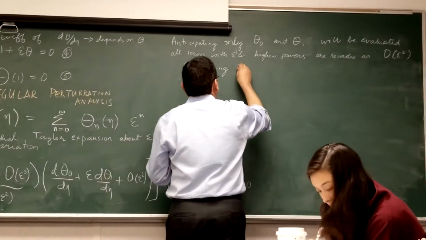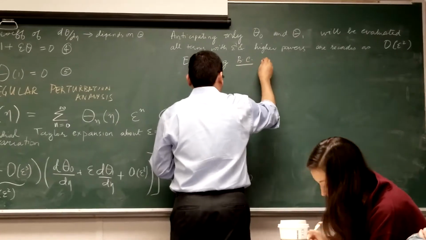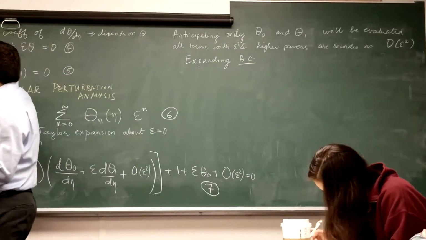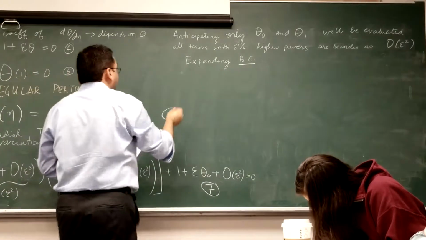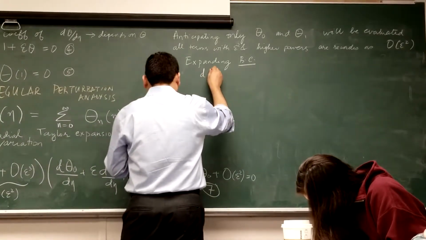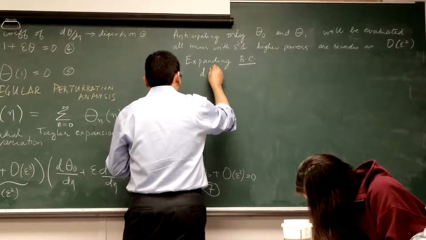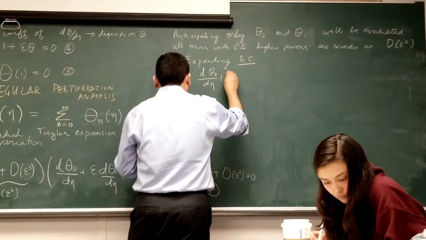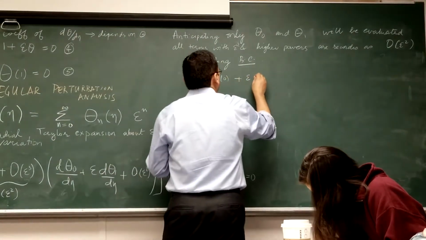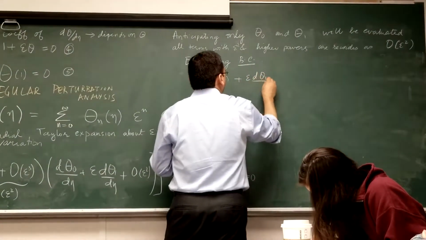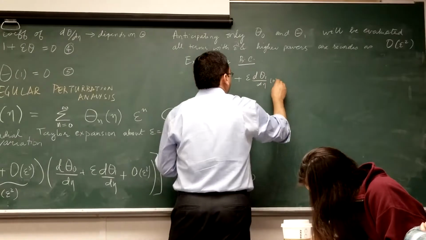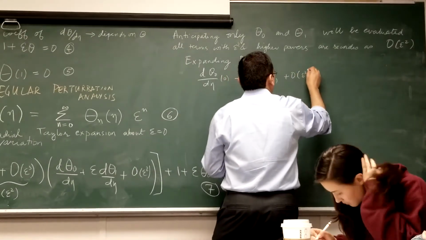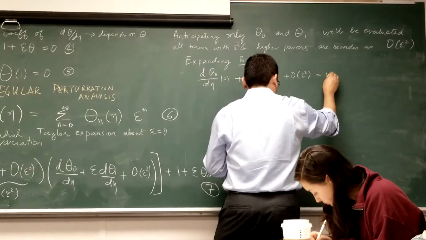So now we also need to expand the boundary conditions in the same way. My first boundary condition has d theta over d eta, so I'm going to get d theta naught over d eta, evaluated at 0, plus epsilon d theta 1 over d eta, also evaluated at 0, plus order epsilon squared, equals 0.